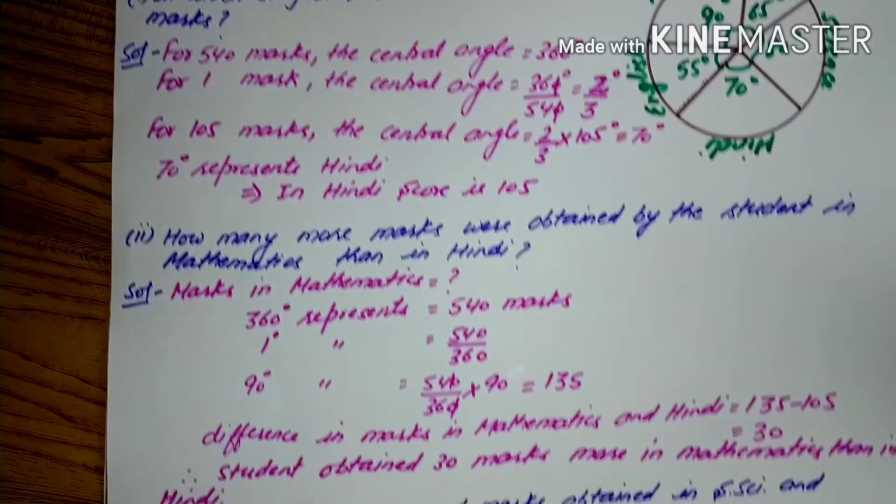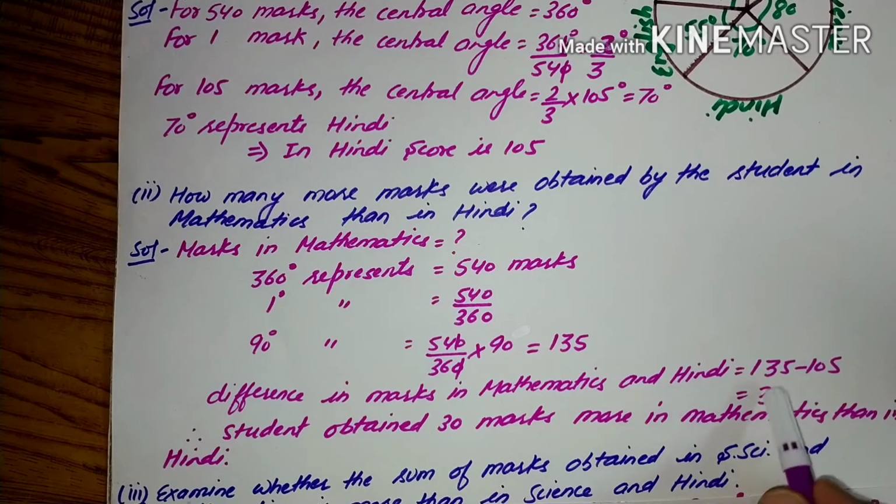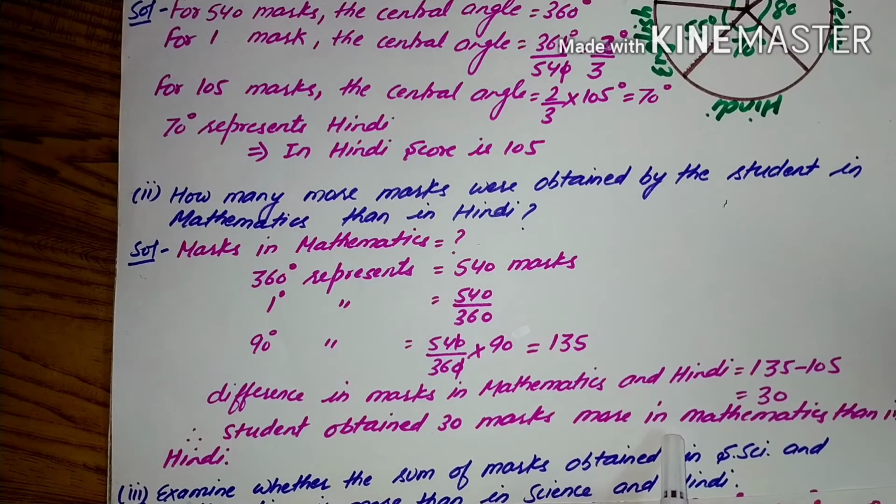So now we will find the difference in the marks in mathematics and Hindi, that is 135 minus 105 is equals to 30. So student obtained 30 marks more in mathematics than in Hindi.